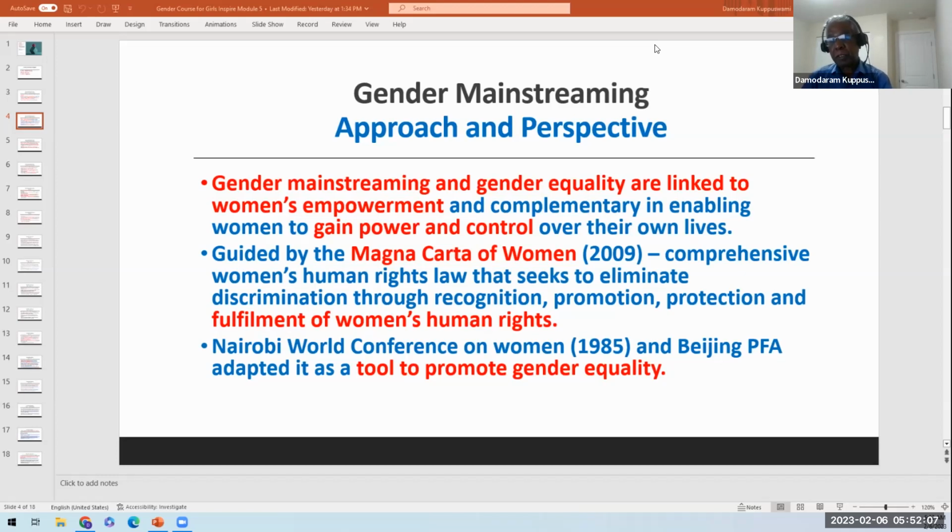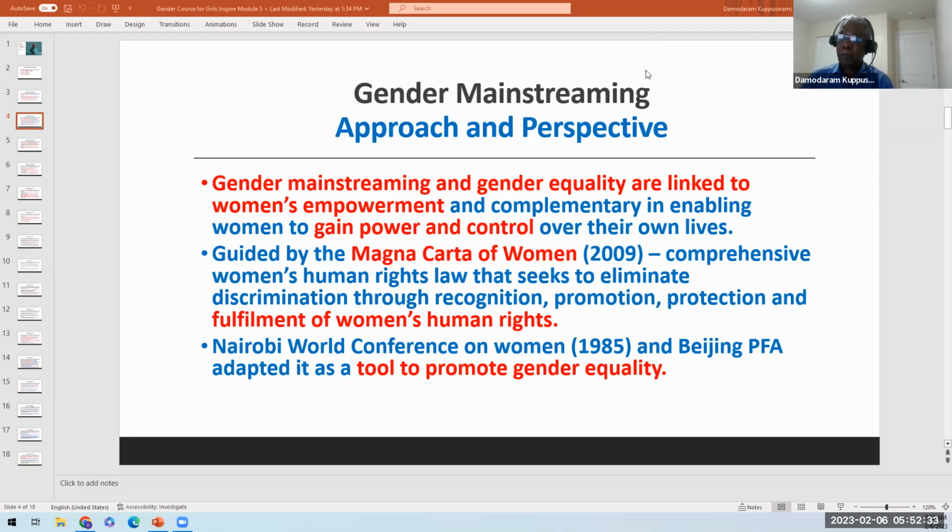This was further emphasized in the Magna Carta of Women, adopted in 2009, which gives comprehensive women's human rights in terms of eliminating all forms of discrimination to fulfill their equality of rights.